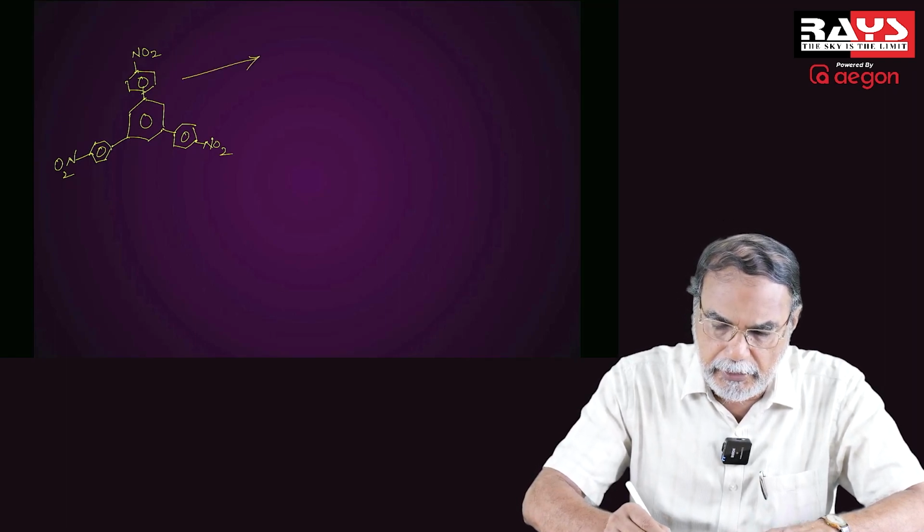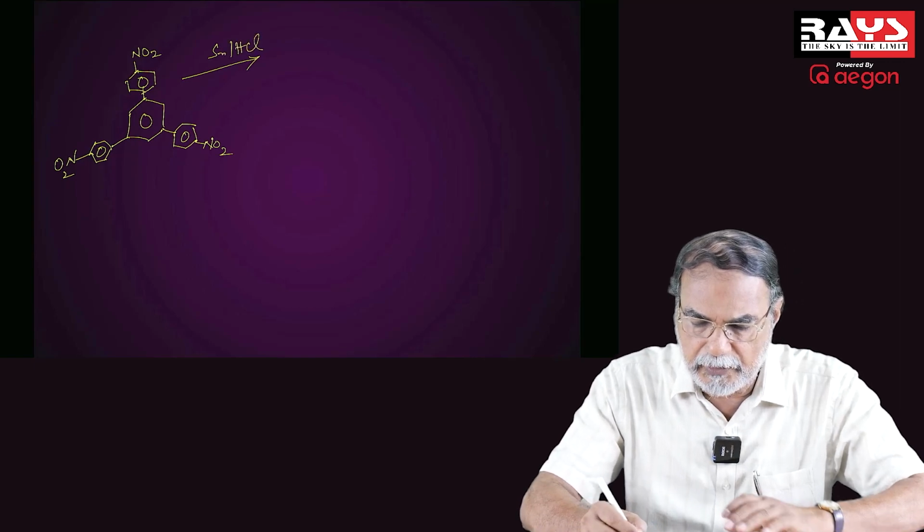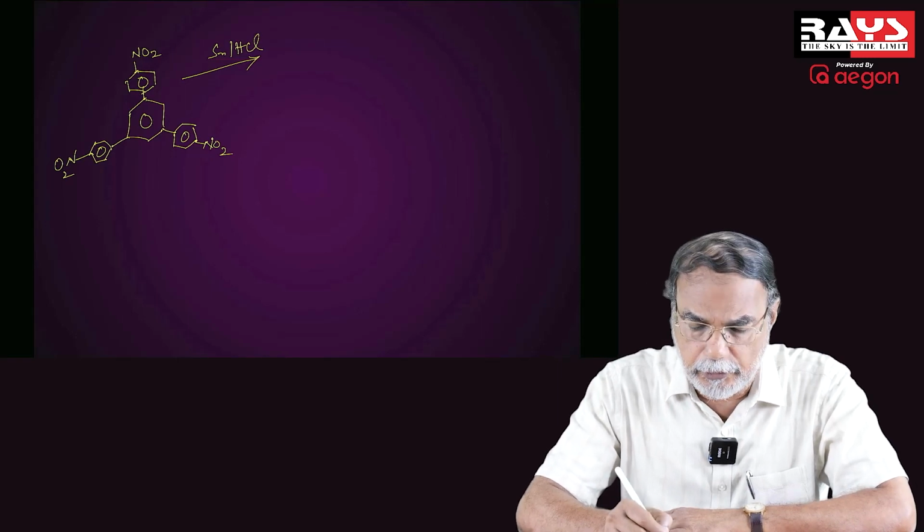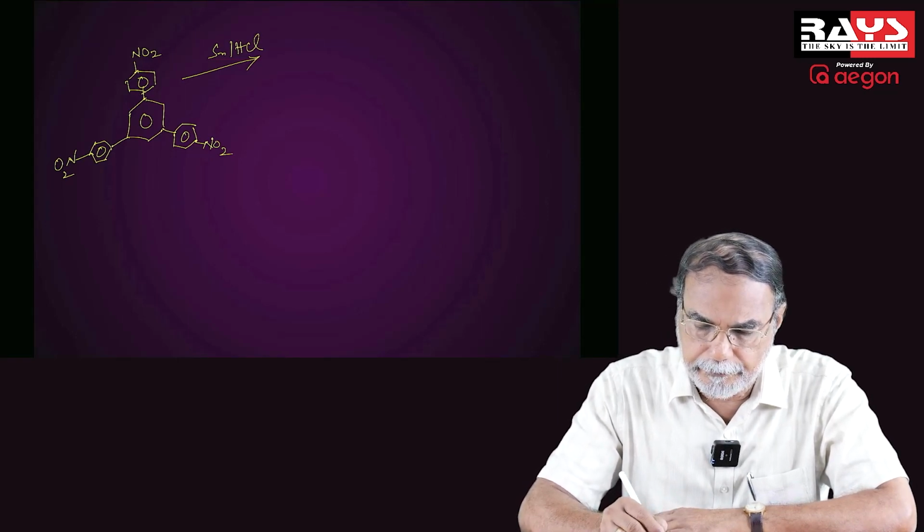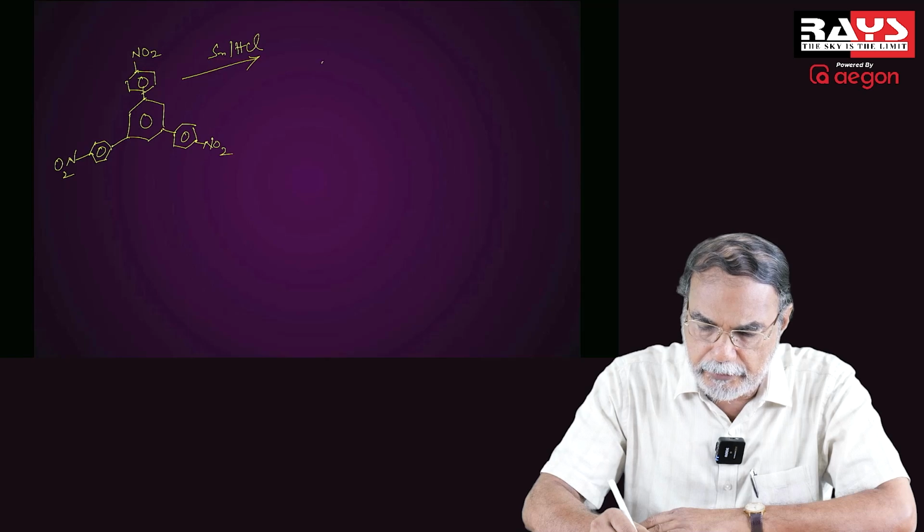Reduction by tin and HCl will convert the nitro groups to amino groups. So you have the compound.